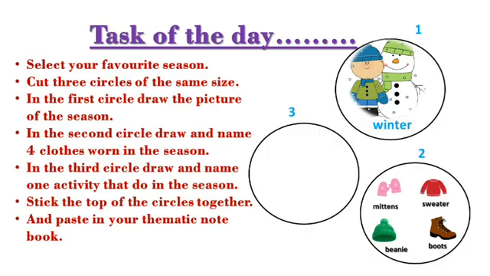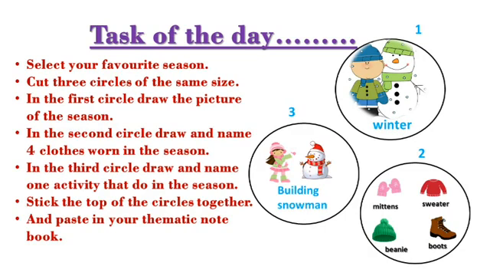So I have taken winter, so in winter you can build a snowman, right? Now you take your favorite season and you can do the circles using your creativity. Okay, after finishing the circles you can stick the top of the circles together and you will paste the finished one in your thematic notebook.